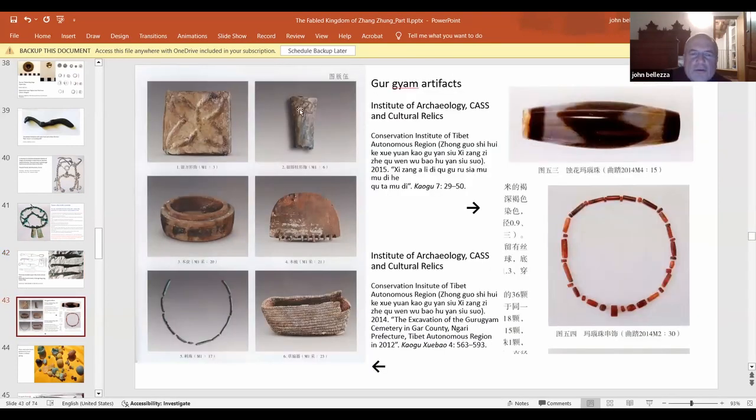We go back now to Guru Jam, including, in addition to brass, bronze, and arsenical copper items, gold and gilt gold. There are also silver-clad objects, different wooden objects, as we saw, cane, glass beads, wheel-shaped glass beads, and patterned agates.